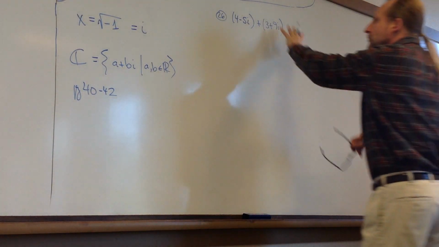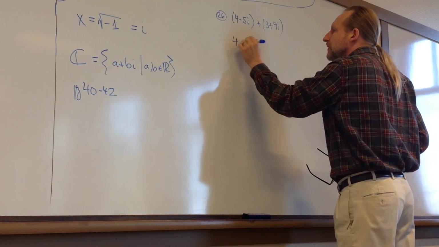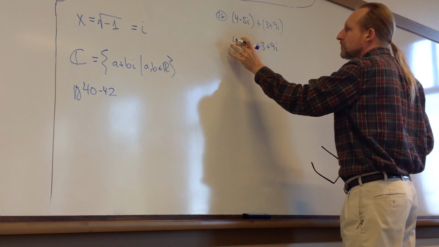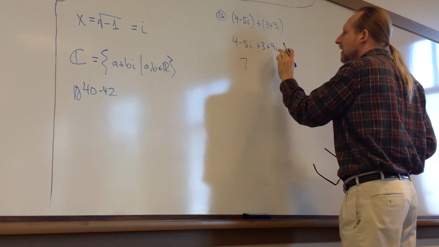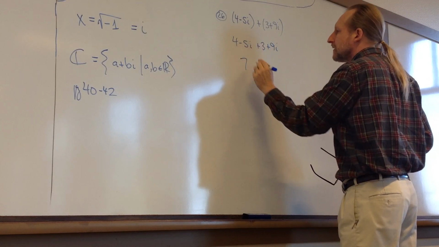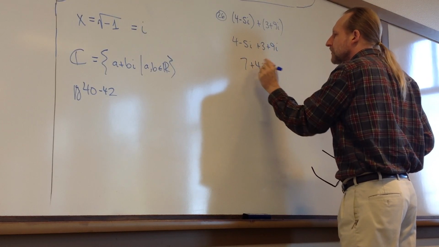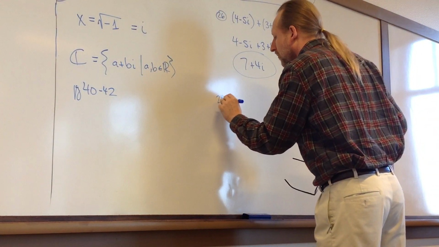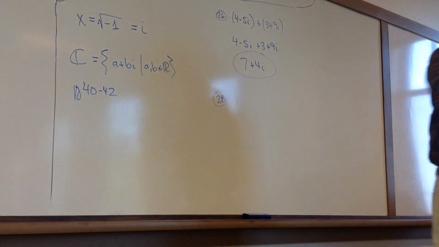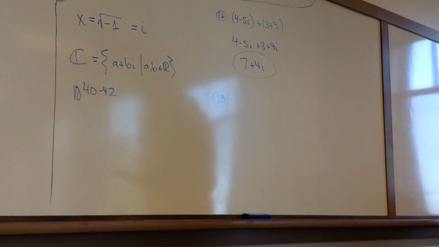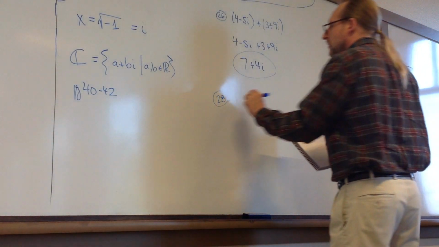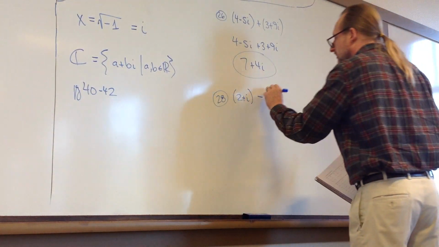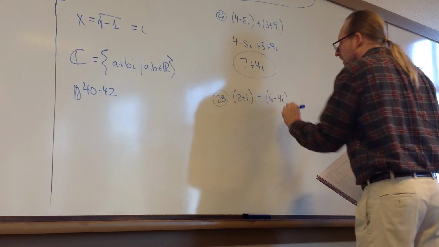So there's nothing to distribute here. Really, we can just take the parentheses off, and then combine our like terms. 4 plus 3 is 7, positive 9i, negative 5i makes positive 4i, so this is 7 plus 4i. Problem 28, this is a subtraction of complex numbers, so this is 2 plus i, and then subtract 6 minus 4i.